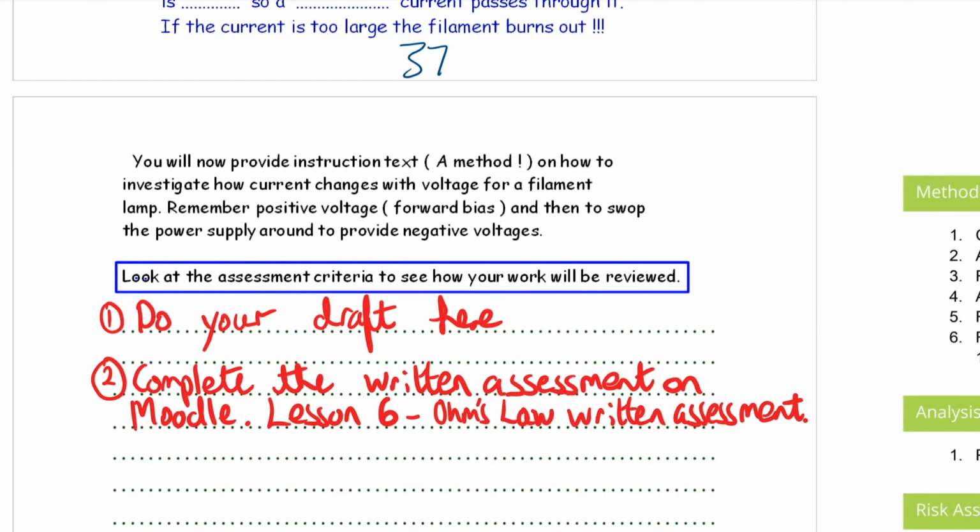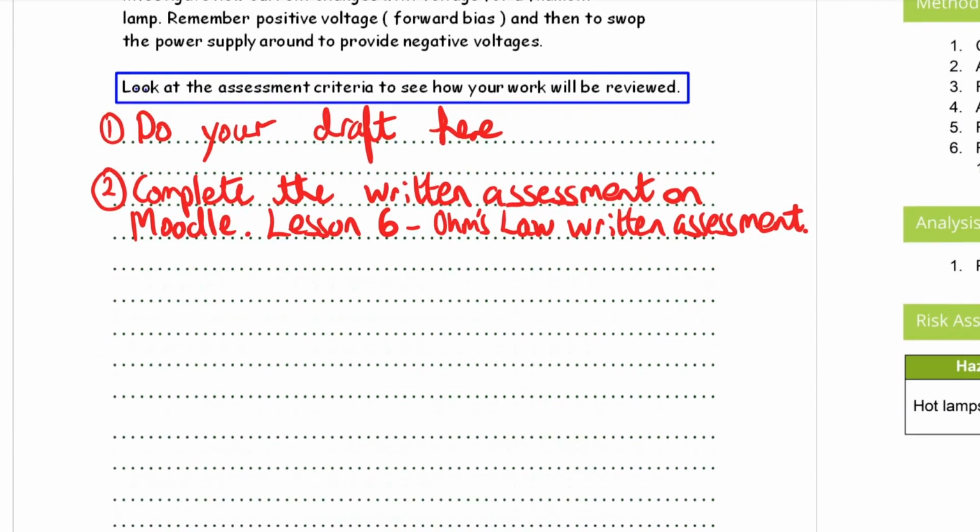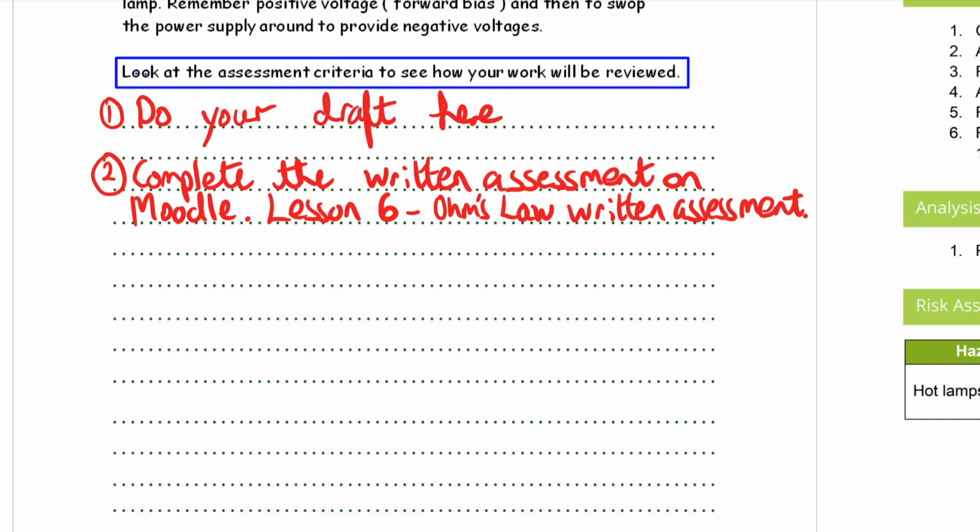Now page 38. It's an instruction text question. It's 2 parts. You're going to write down, handwrite your draft here, and then you're going to complete the written assessment on Moodle, which is lesson 6, Ohm's Law written assessment.